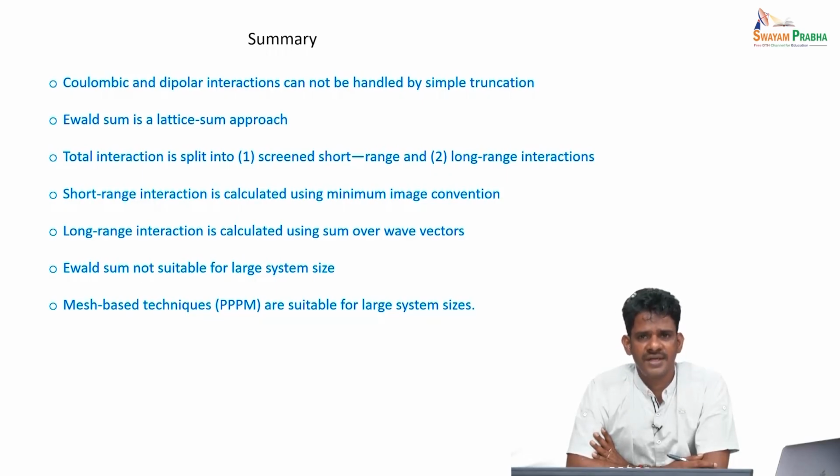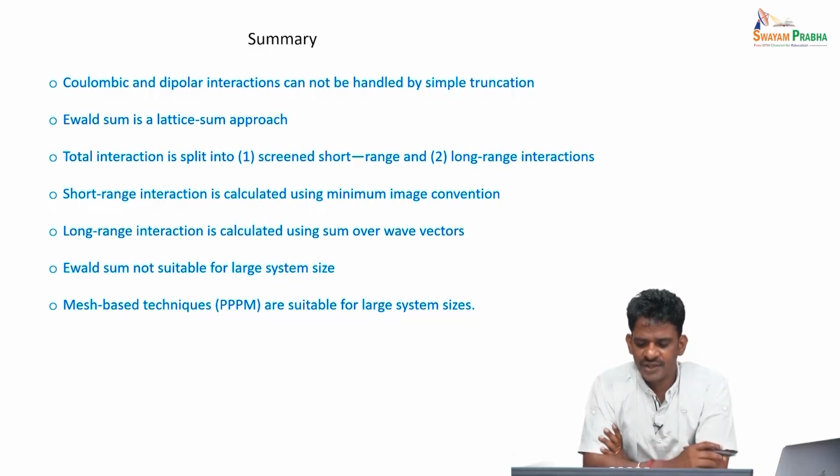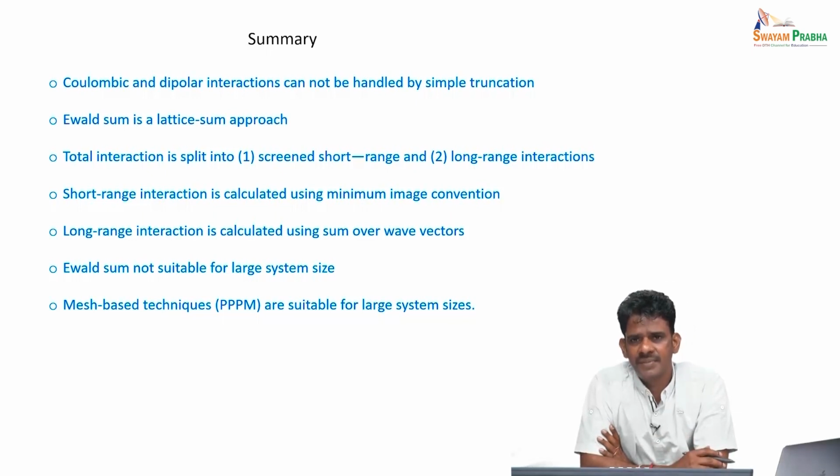Some of the key things that you would like to remember about Ewald summation or long range interactions is that Coulombic and dipolar interactions cannot be handled simply by truncating the potential the way we handle short range interactions. Instead, we use what is called the Ewald sum, which is a lattice sum based approach, where the interactions are summed over all the neighboring lattices and the neighbors within those lattice points.